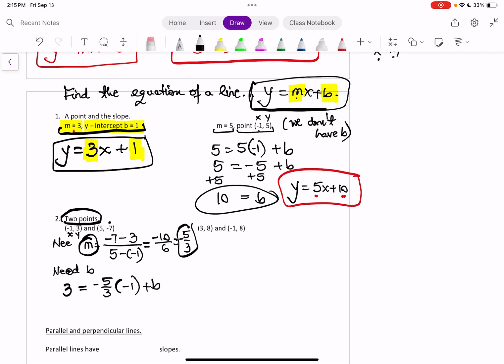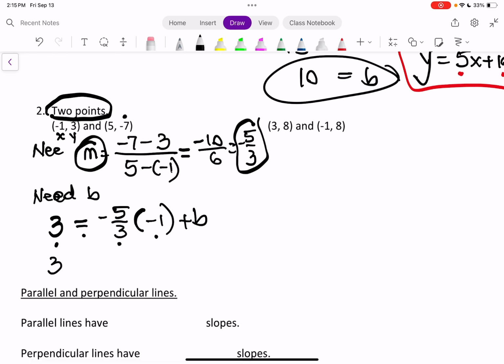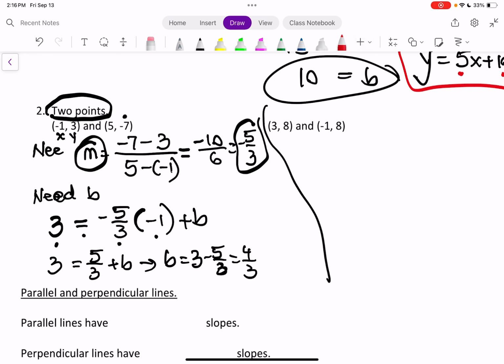I'm replacing the y equals mx plus b formula. So now take the 5/3 and subtract it, and you're going to get 4/3 with your calculators. So here's my equation: y equals mx plus b.